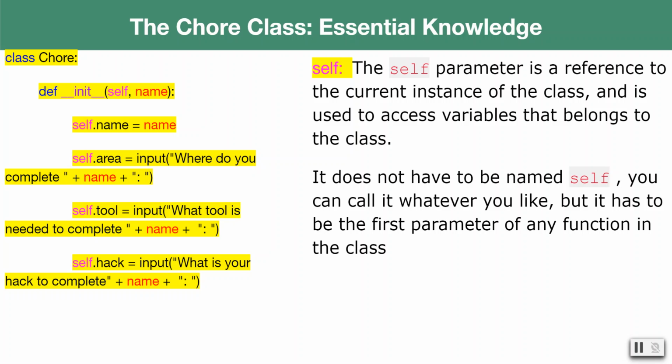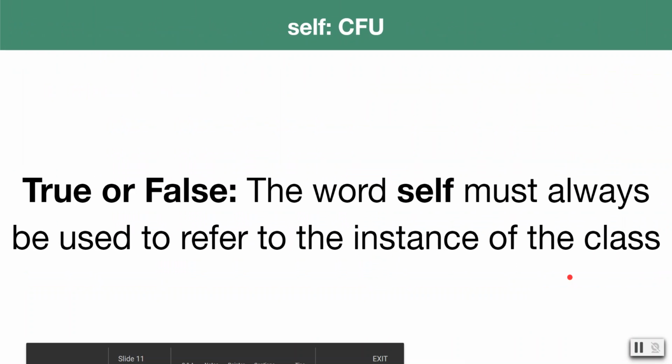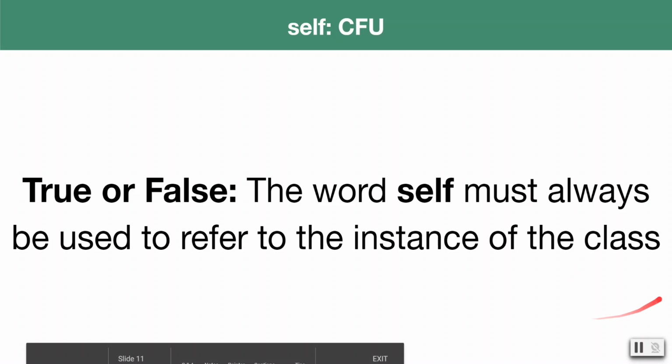It's kind of how I think about that difference. But whenever you're using self, you're referring to the actual object itself. True or false? The word self must always be used to refer to the instance of the class. Hint, hint. Look it up.